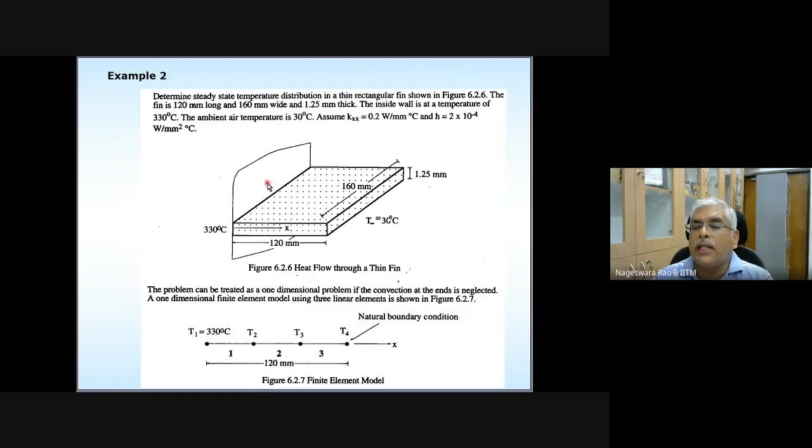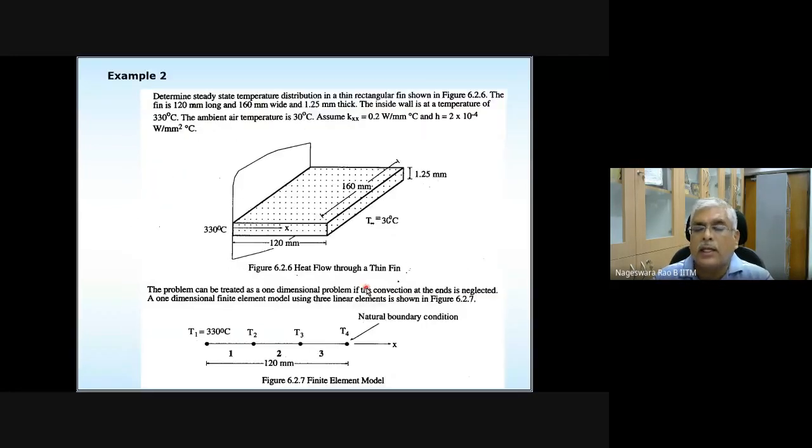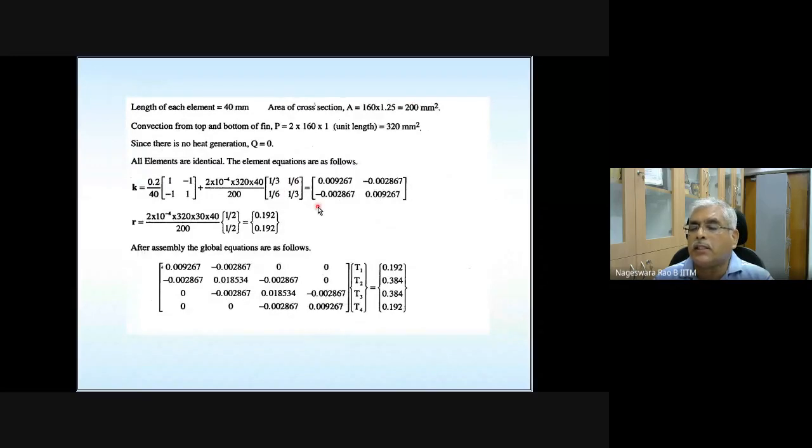Then an application is shown here: heat flow through a thin film, how this becomes a one-dimensional problem, and how this is discretized. Once you have the discretization, here there are 4 nodes and 3 elements. For each element, you assemble the element equations, then assemble the global equation system and apply the appropriate boundary conditions.